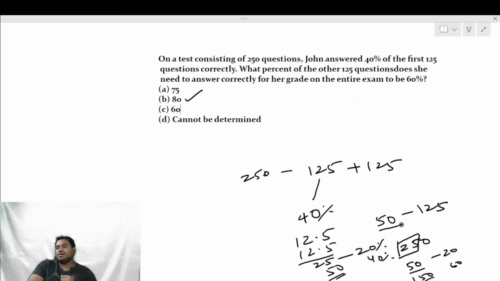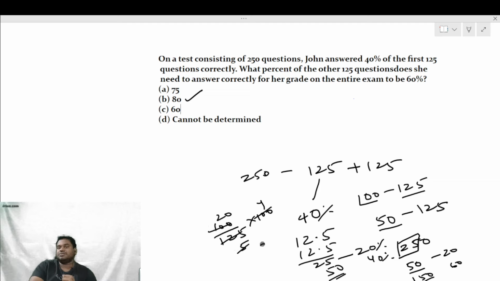She already got 50 marks in the first 125, so she should get 100 more in the next 125. 100 in 125, how much percent? 100 by 125 into 100 will give you the answer, 80%.